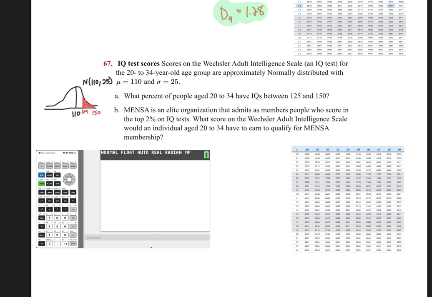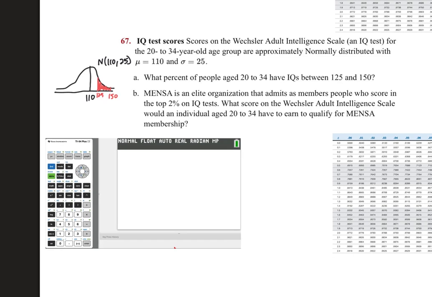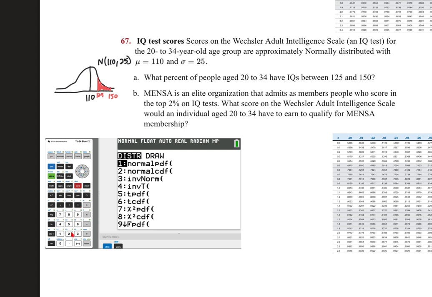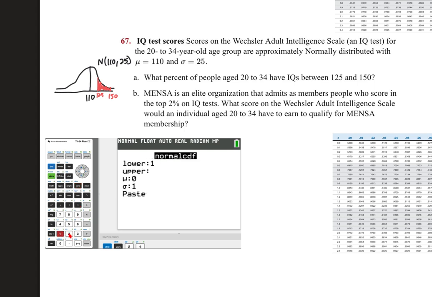Okay, so we'll do normal CDF, and we'll look at values in between. Okay, so 125 will be our lower and 150 will be the upper.